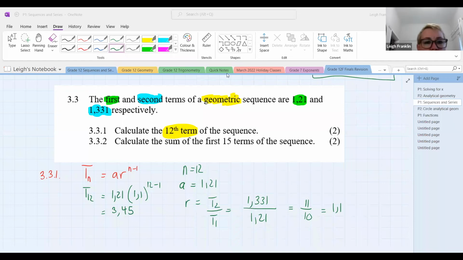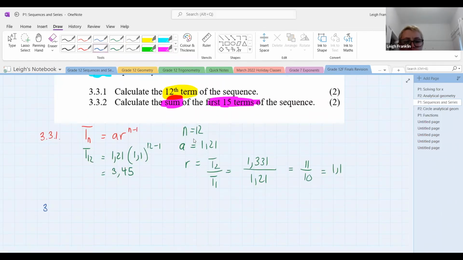Calculate the sum of the first 15 terms of the sequence. All right. Use an SN formula indeed.